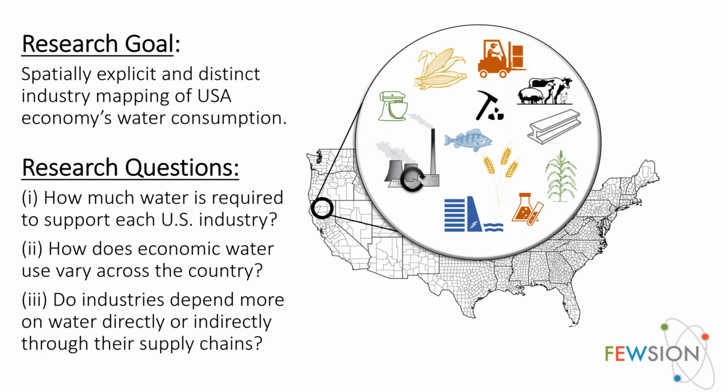So we capture both the spatial element that we discussed earlier and also the sectoral resolution that we desire. And thirdly, we want to know, do industries depend more on water directly or indirectly through their supply chain? So do they use water more in their facilities, or do they use more water indirectly through the products that they use as inputs in their major production processes? And so this paper aims to address all three of those questions.